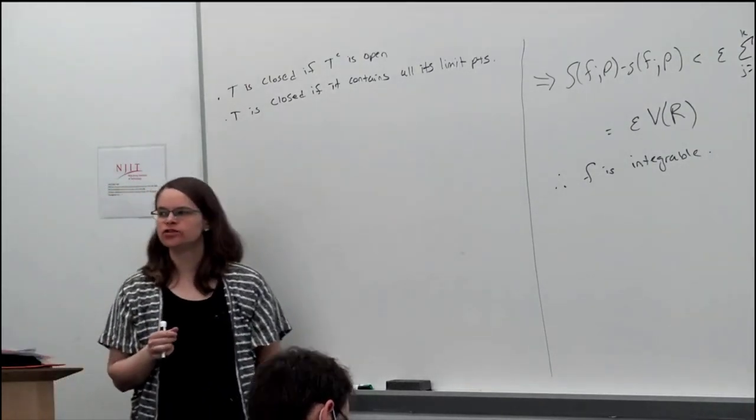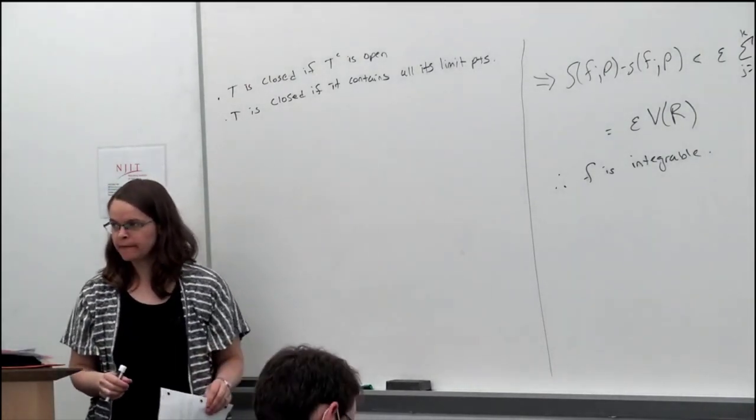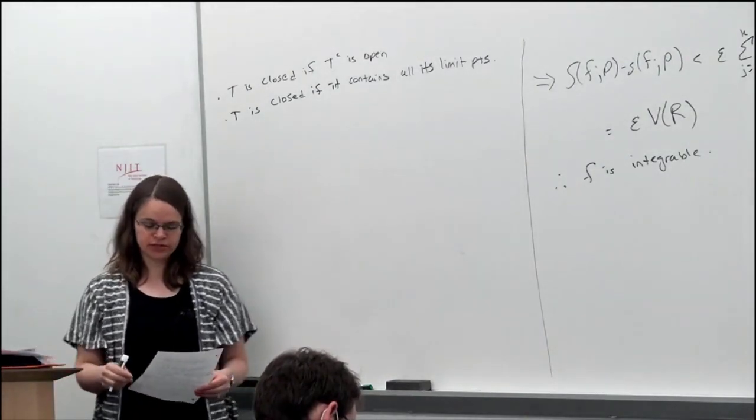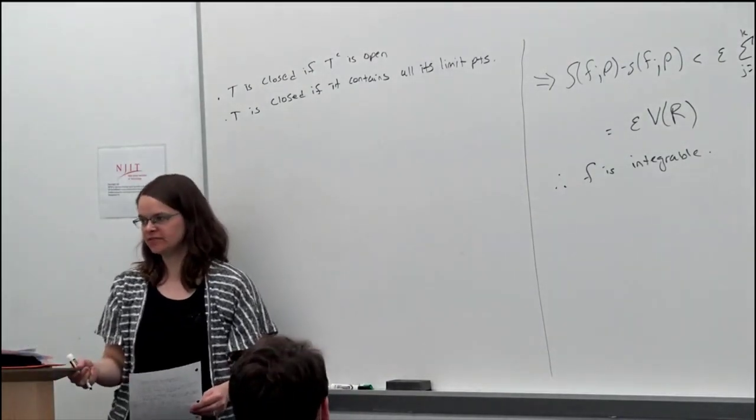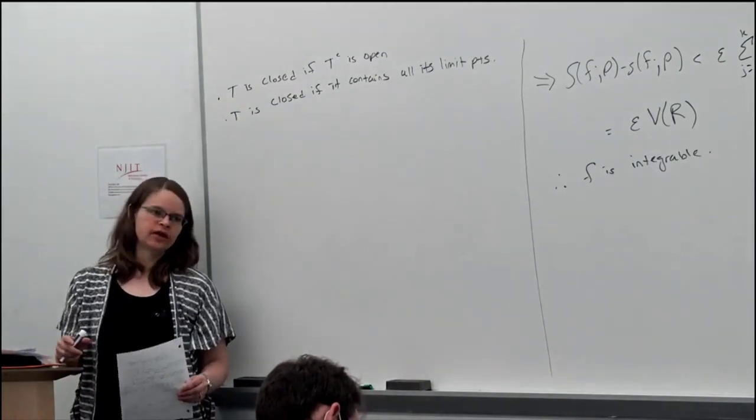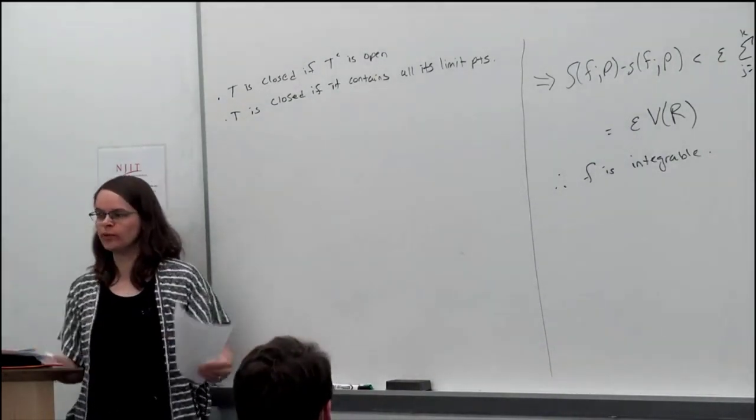Okay, then we also have to define boundedness. Bounded, we're going to define once again the diameter of a set, right? The diameter of a set is just going to be the biggest possible distance between points in a set.